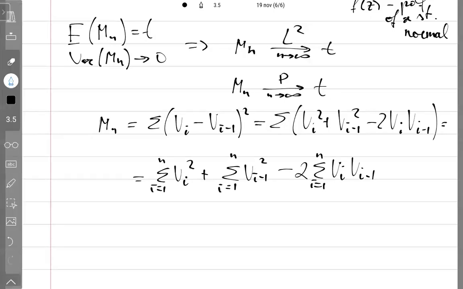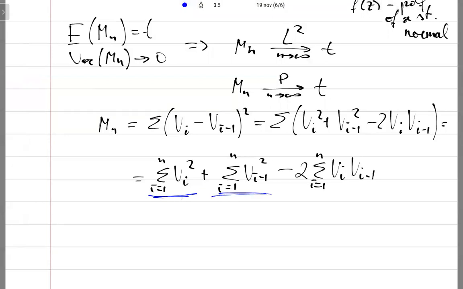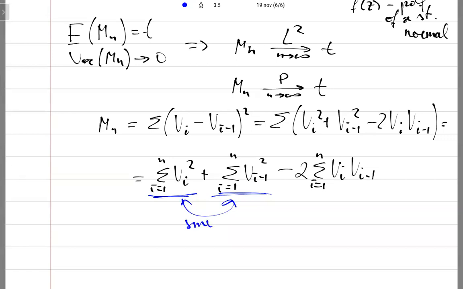If you look carefully, these two terms are almost equal. What is the difference between these two terms? The initial point and the terminal point. Yes, but the initial point v0 is 0, and the terminal point vn is WT. You remember that?